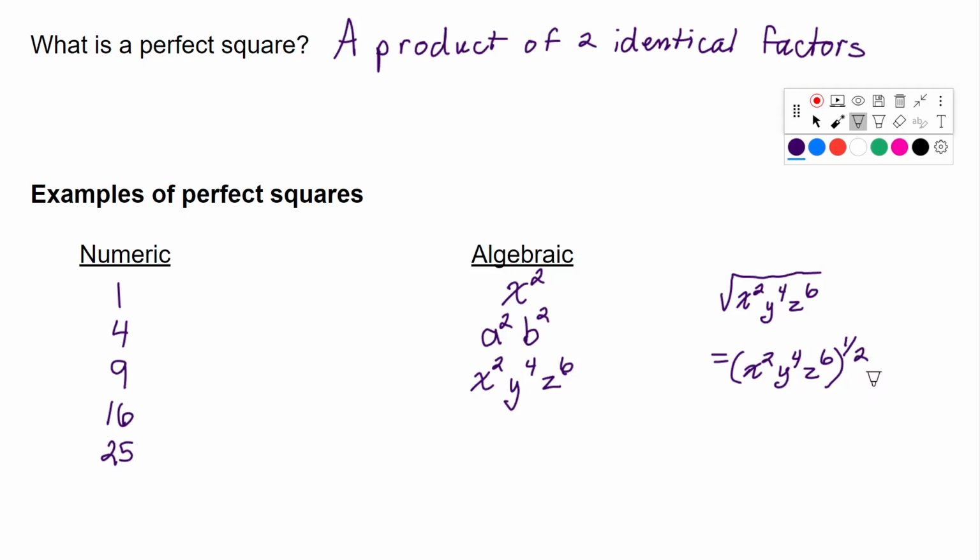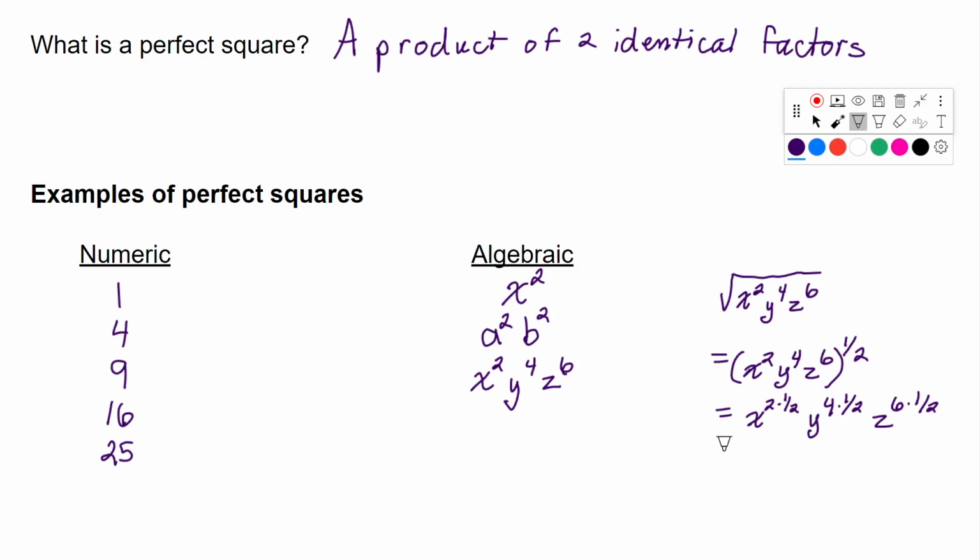And then our properties of exponents tell me that I need to apply this 1/2 power to the other exponents. So this would become x to the 2 times 1/2, y to the 4 times 1/2, and z to the 6 times 1/2.